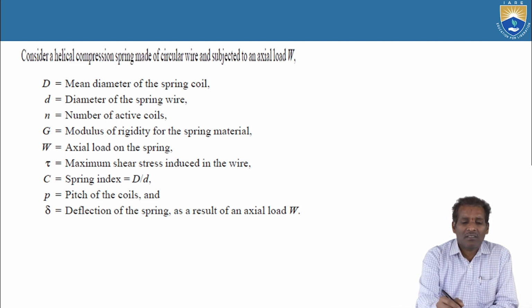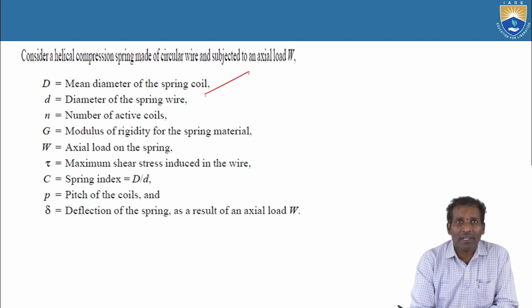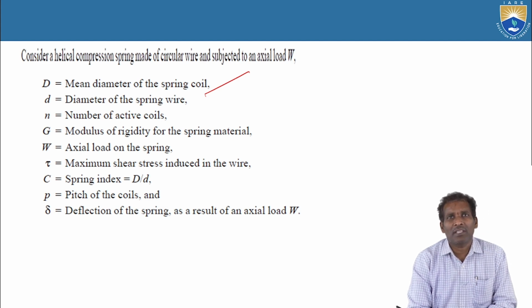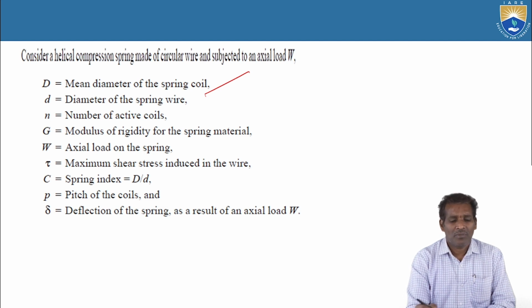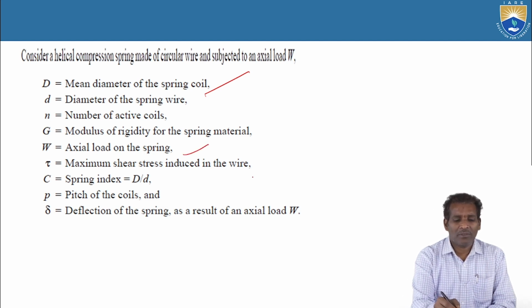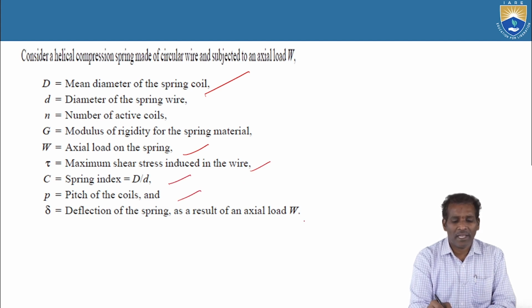In this, notations are given. D is the mean diameter of the spring coil, small d is the diameter of the spring wire, N is the number of active coils, and G is the modulus of rigidity for the spring material, W is the axial load, and maximum shear stress tau, spring index, the pitch of the coil, and delta.